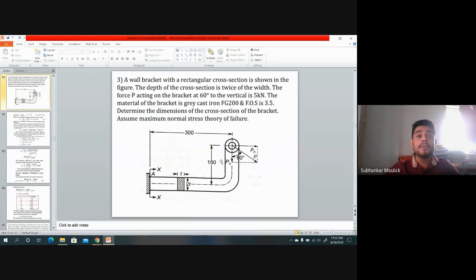the maximum principal stress of the component which you are testing in UTM. That means the maximum principal stress of this problem, you have to equate it with the maximum principal stress of the standard specimen which you are testing in UTM.